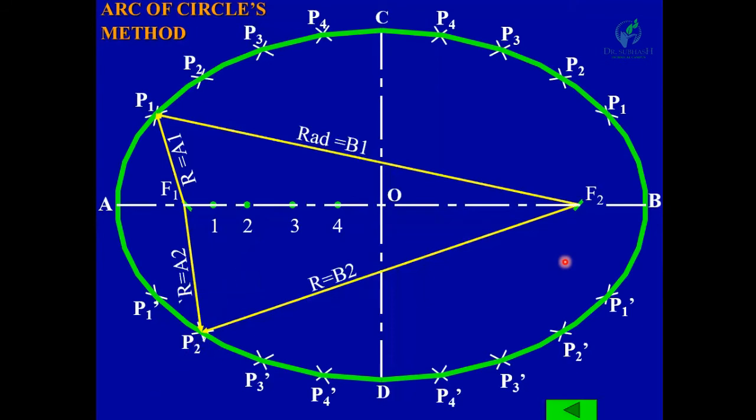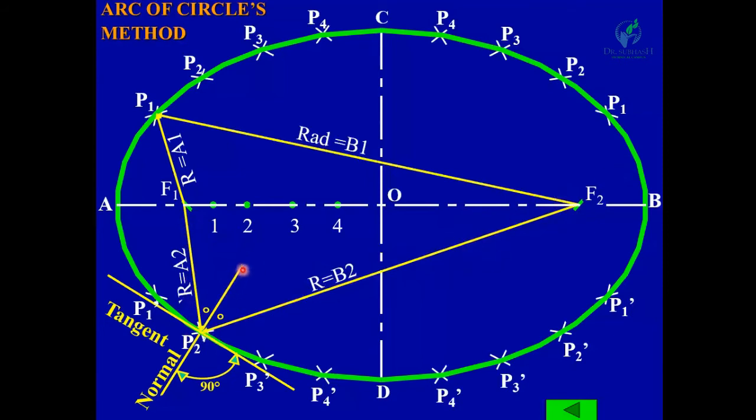Now, if you want to draw a tangent and normal at any point on this ellipse, for example at point P2, join this point with F1 and F2, and bisect the angle F1 P2 F2.